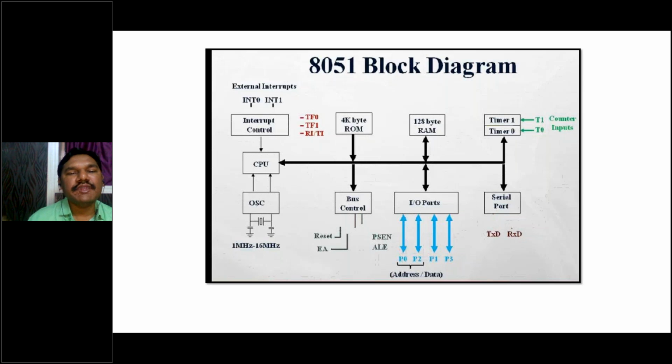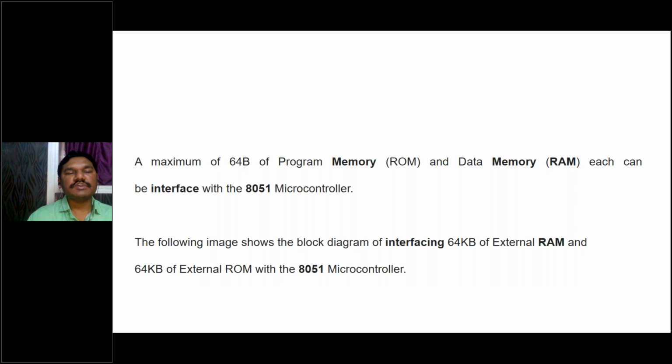That is what we call the external RAM or external ROM. Here also, RAM is a temporary memory used to hold temporary data. So we only have 128 bytes. Suppose you want more memory than this 128, then that can be connected externally. So that is today's topic.